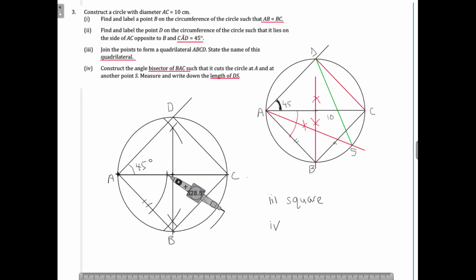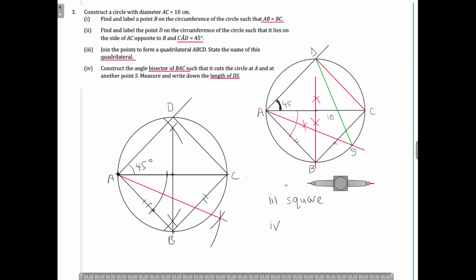And bring the compass to the other point and draw over the first arc. Okay, now we have our bisector, from A to this point.